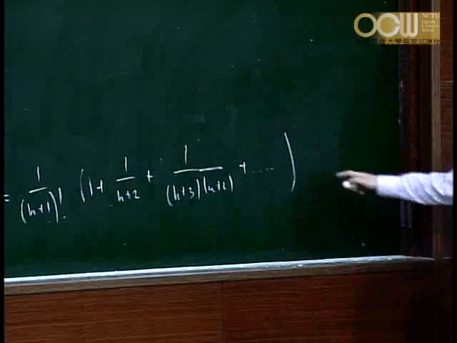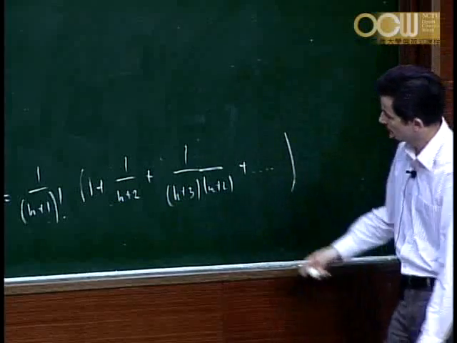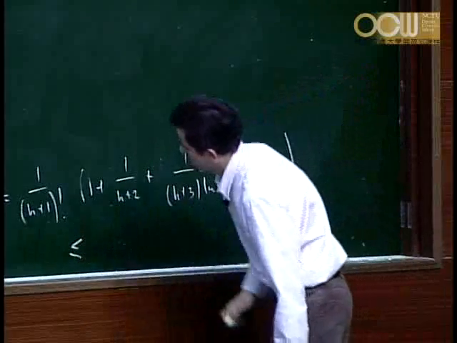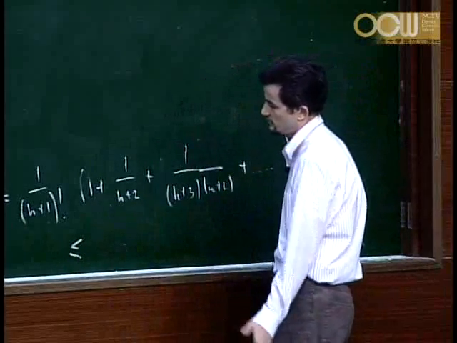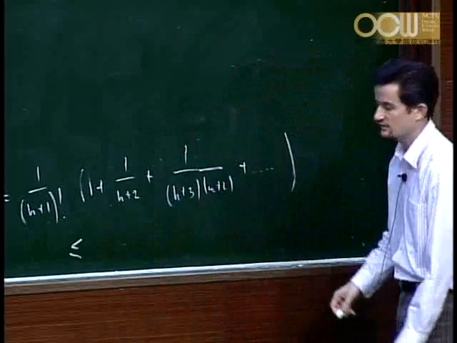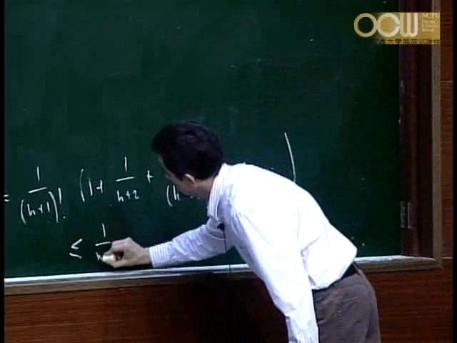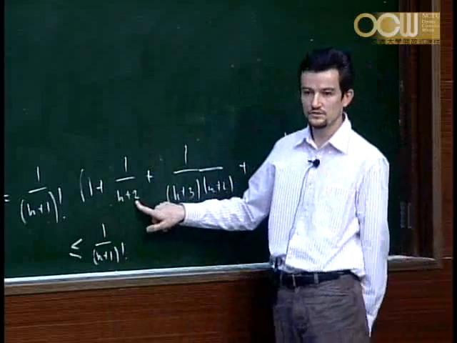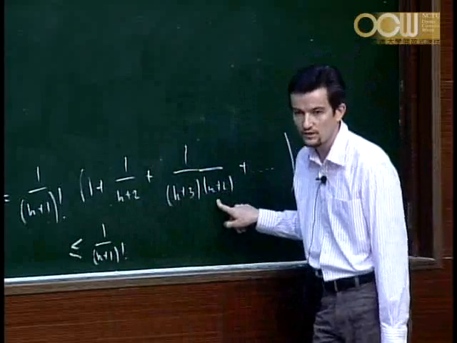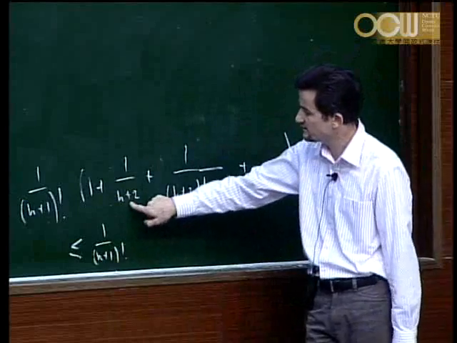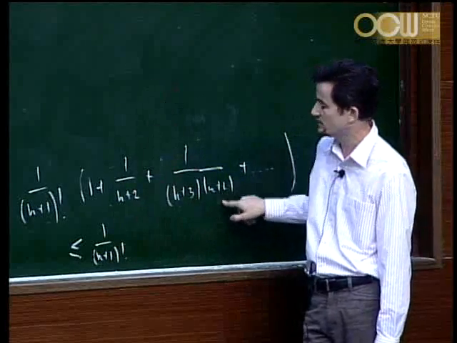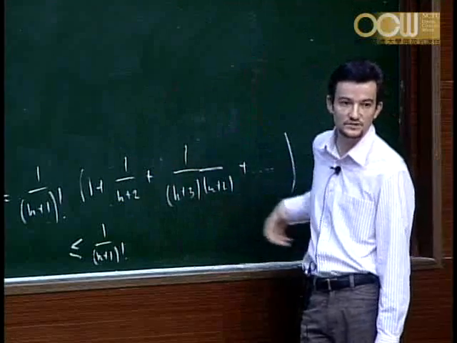For this expression here, you see that this is smaller or equal than, now I replace this one by 2, I replace this one by 4, and so on. If I replace this one by 2, I make this larger. If I replace this one by 2 and this one by 2, I make everything larger, and so on.